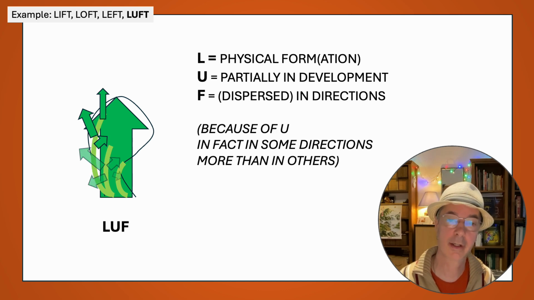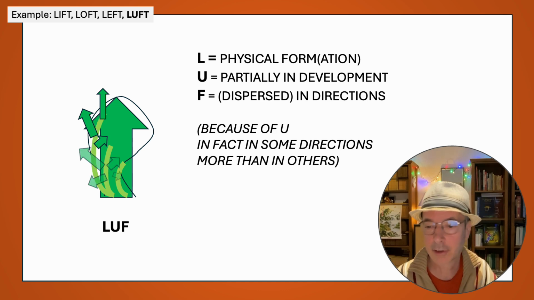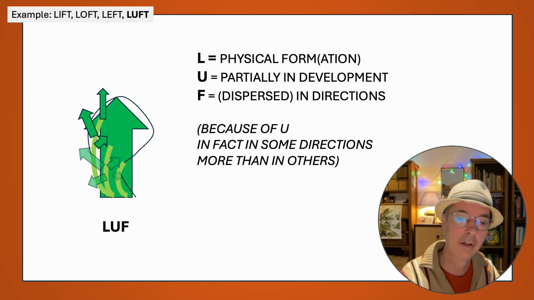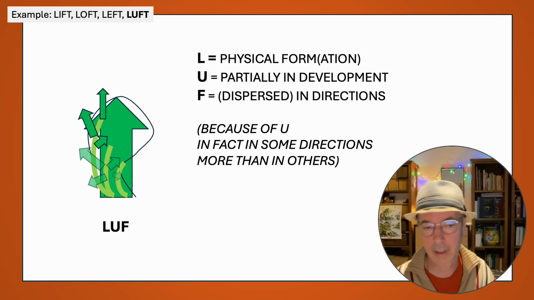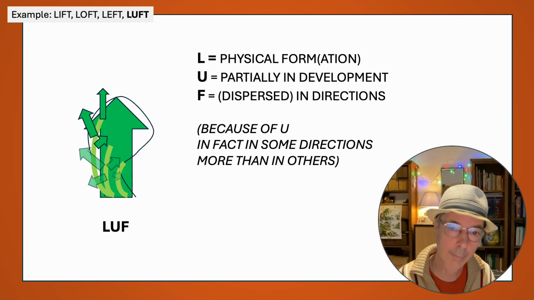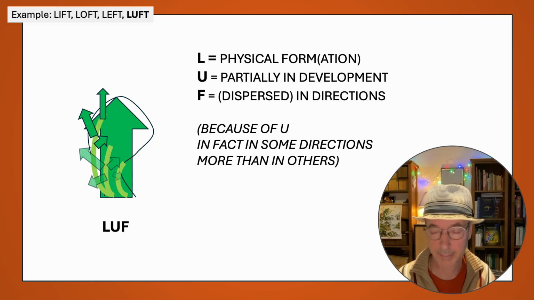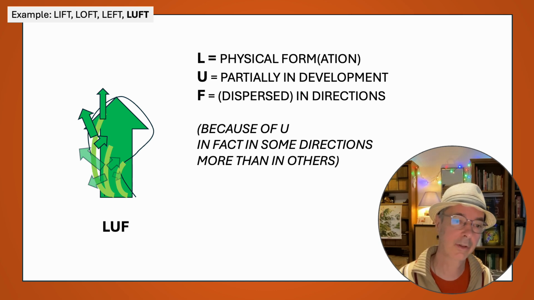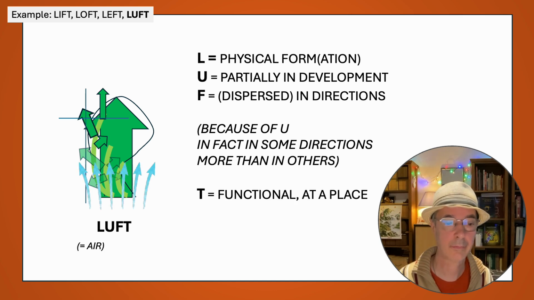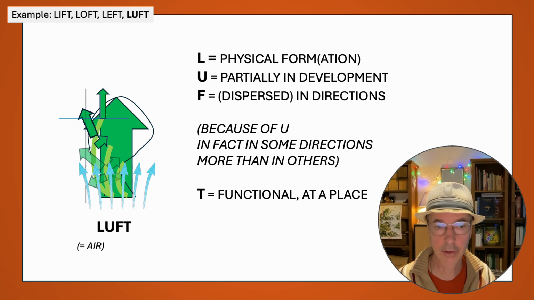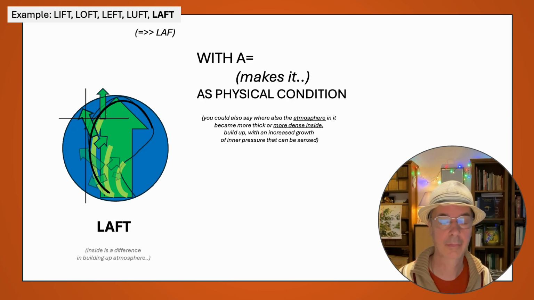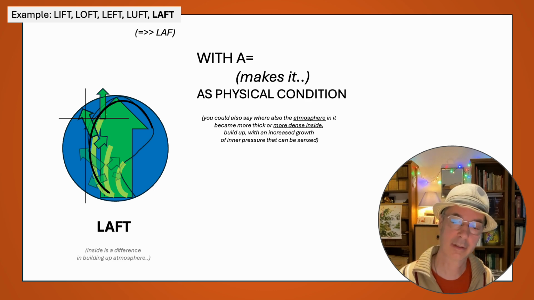You could even say it's already partially evolving, so a little bit more, a little bit less, and then if you do that more and more, because of the U and because of the F, it will go in many more directions and split off in tiny bits of directions. But it's also functional, and it's also at a place. So that was more or less Luft, or air, as it is associated.